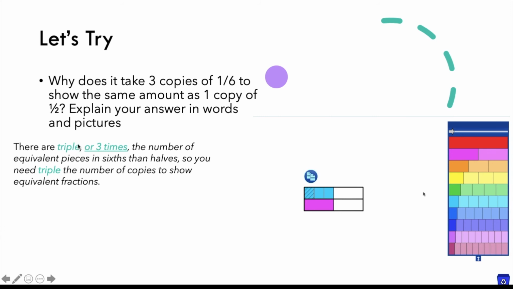There are triple. I did have to change the word because we mean 3 equal pieces, not 2. Triple means 3 times. I put that in my sentence. There are triple or 3 times the number of equivalent pieces in sixths than halves. So you need triple the number of copies to show equivalent fractions.